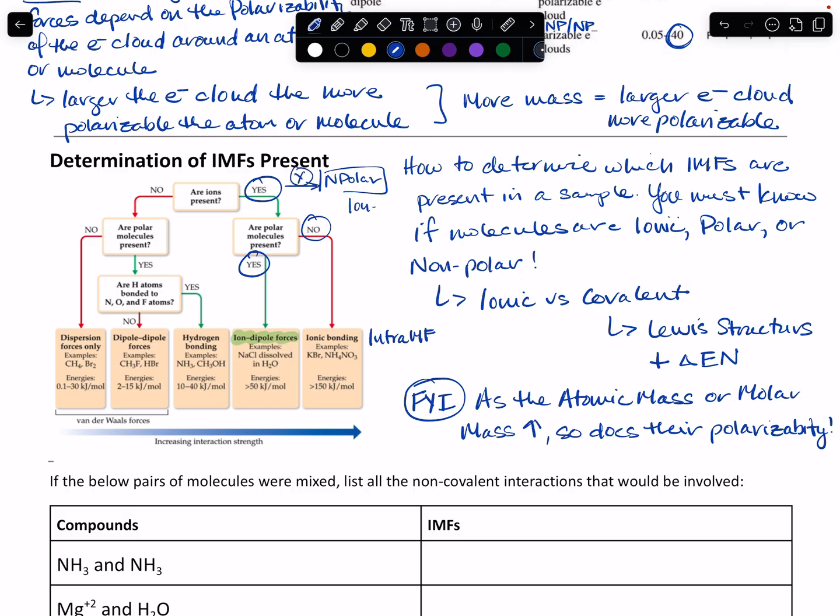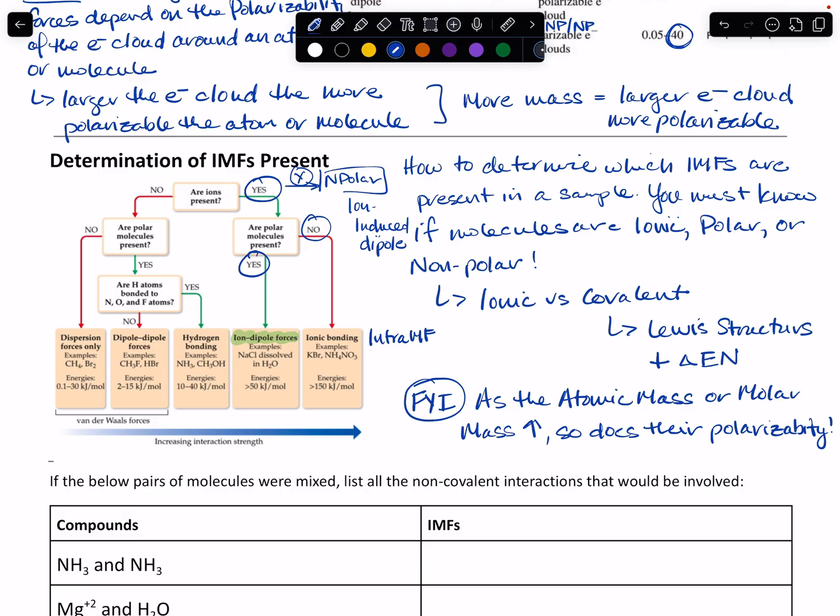Then you have an ion-induced dipole. Now, this does not happen all that often because we're going to learn that things that are similar in terms of intermolecular forces play together a lot better than things that are different. So nonpolar molecules and ionic compounds don't really play very well together. But if they did, you would get an ion induced dipole intermolecular force.